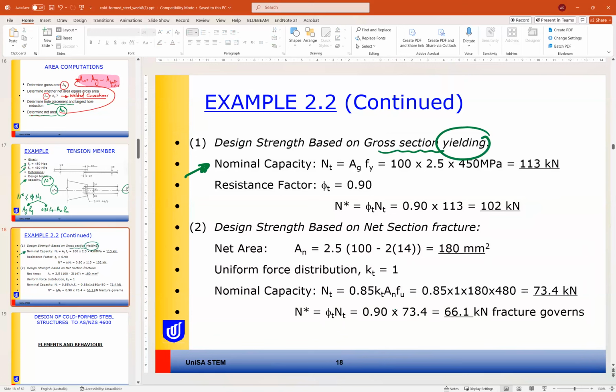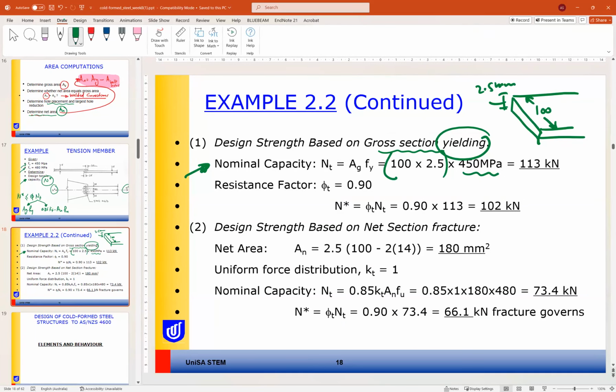So NT equals area gross times F yield. Area gross is the plate width multiplied by the thickness. The plate width is 100. The plate thickness is 2.5 millimeter. So this is area gross multiplied by F yield, given as 450. In this case, NT is 112.5. So this is the first one. Resistance factor is 0.9.